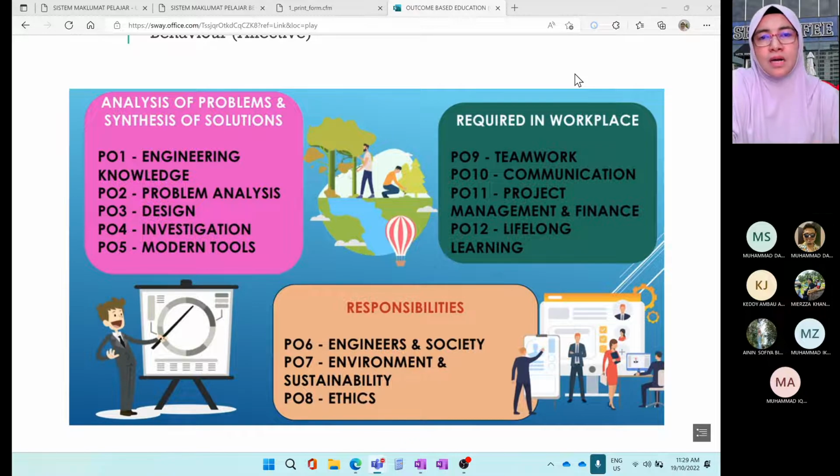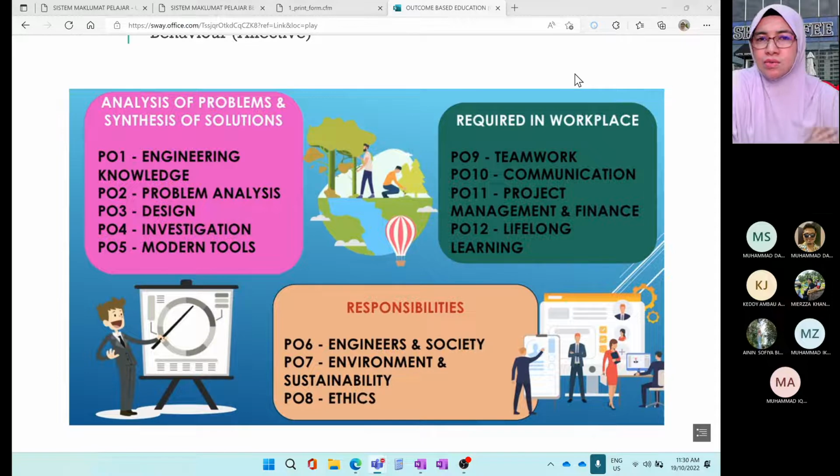If not, you have to take what we call an intervention program. So actually when the EAC visited us last week, what they want to see is not your CGPA, but your PO attainment.